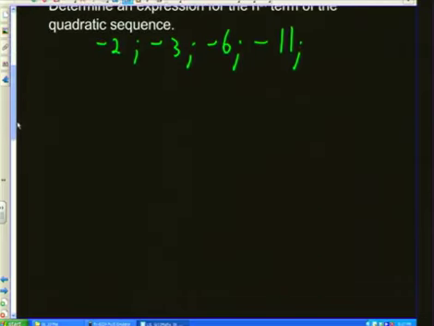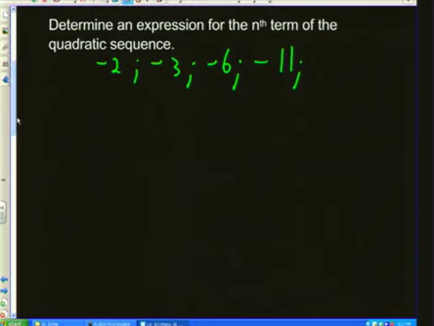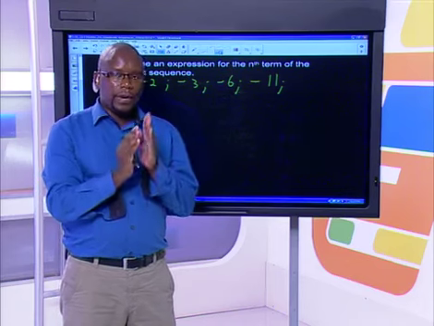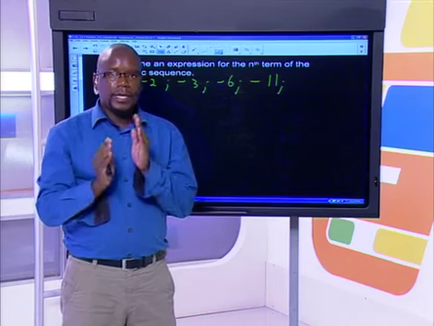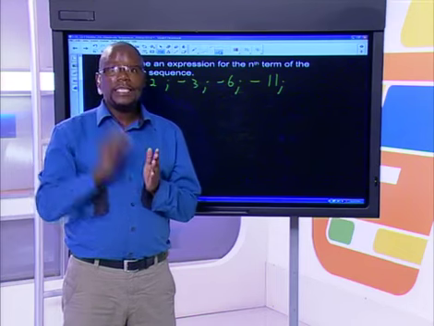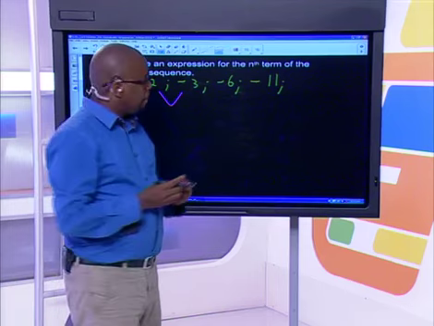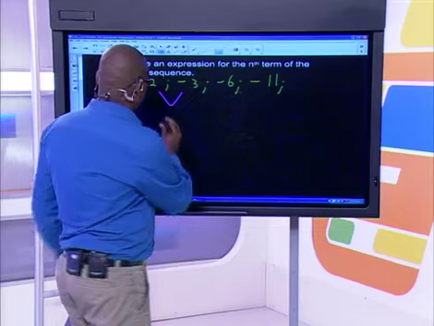This is a sequence: -2, -3, -6, -11. Let's work out the differences. When we're getting the first difference, it will be term 2 minus term 1, term 3 minus term 2, term 4 minus term 3. Here I've got -3 minus -2, which is the same as -3 plus 2, so we get -1.